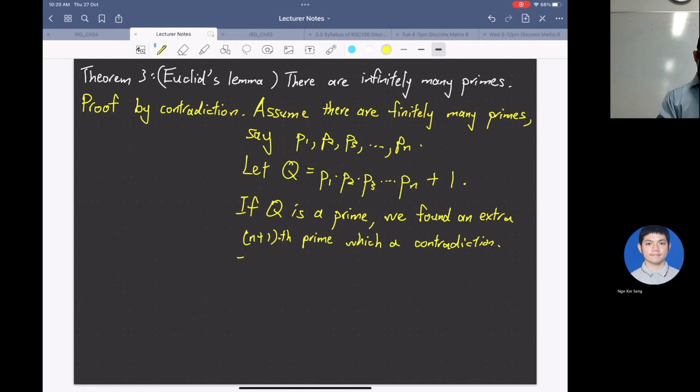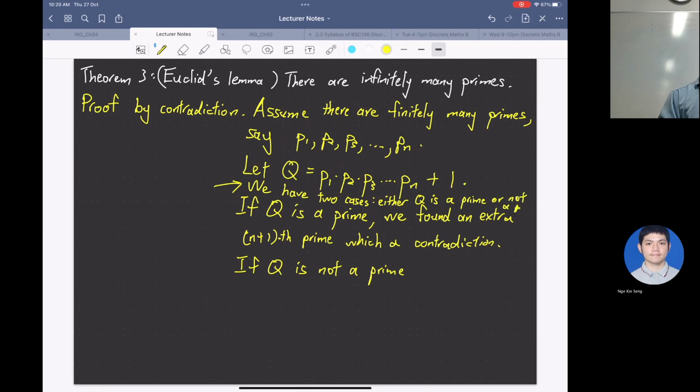Then suppose Q is not a prime. Let me add one sentence so that you don't get confused: we have two cases, either Q is a prime or Q is not a prime.